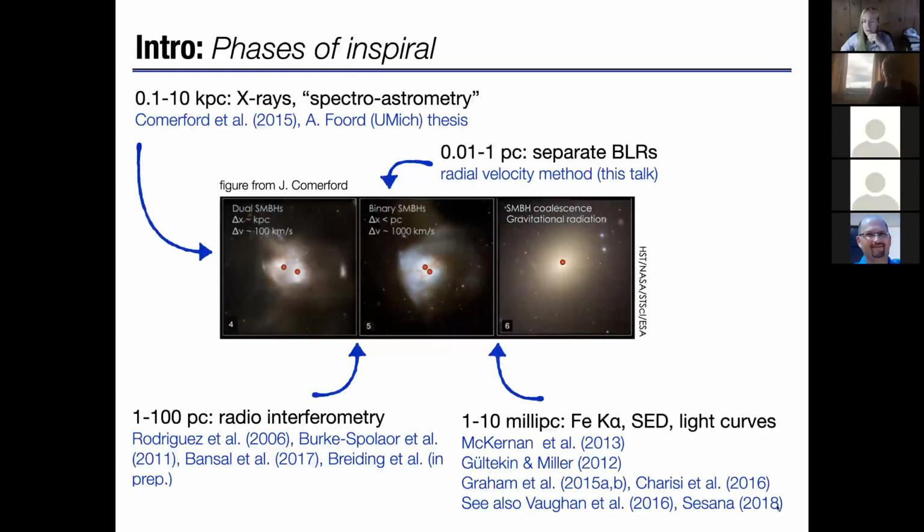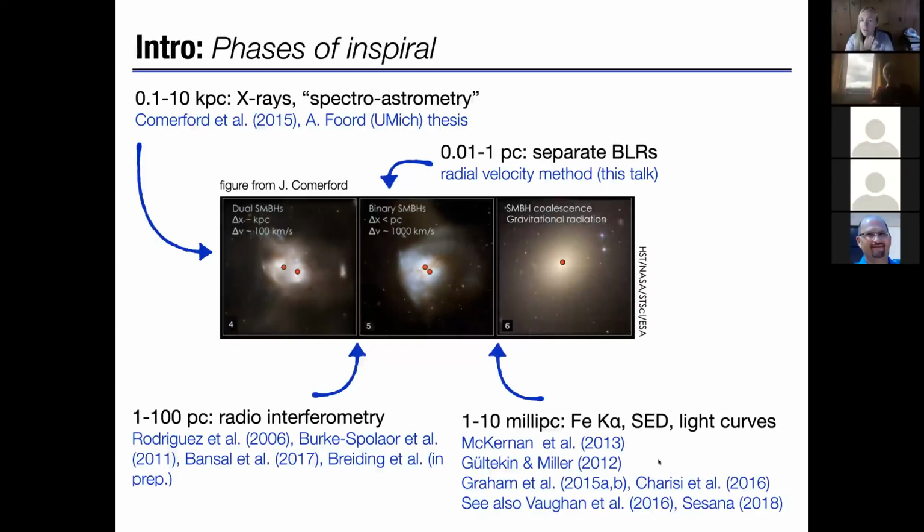There was a great sort of multi-messenger result from Alberto Sesana, which said that of the couple hundred or so binary candidates that are known from these photometric light curve approaches, they can't all be binaries, or you would have detected gravitational waves from them by now. And it kind of highlights one of the strengths of these approaches, which is that they're sensitive to sort of milliparsec separation systems, which are also gravitational wave emitters.